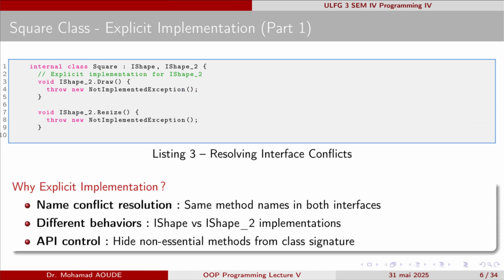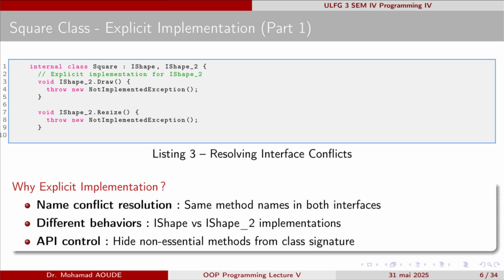Now things get more interesting with the Square class. Internal class Square : IShape, IShape2 means Square is taking on the responsibility of implementing both IShape and IShape2. Look closely at how it implements the methods for IShape2: void IShape2.Draw throws new NotImplementedException, and void IShape2.Resize throws new NotImplementedException. This is explicit interface implementation.